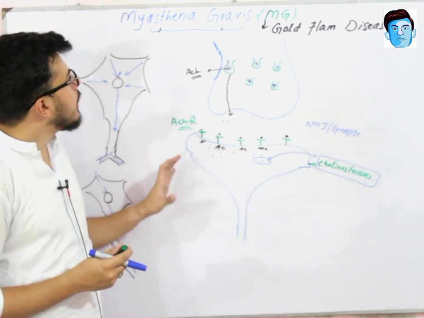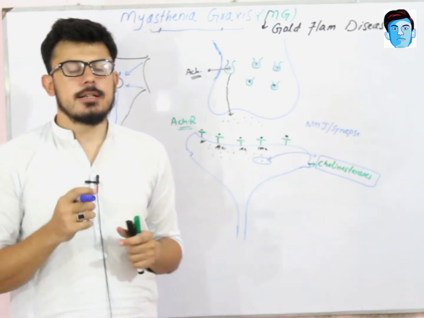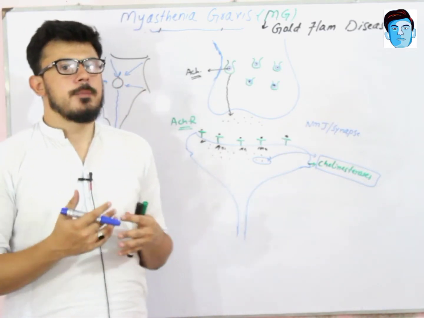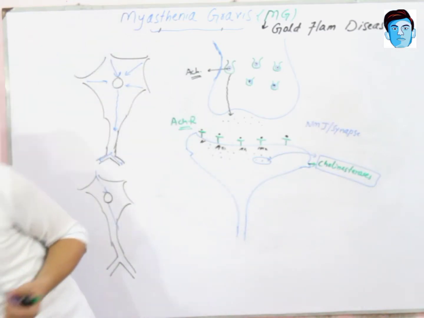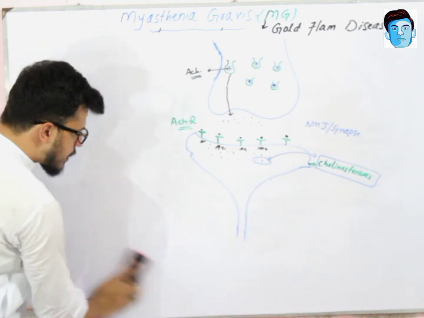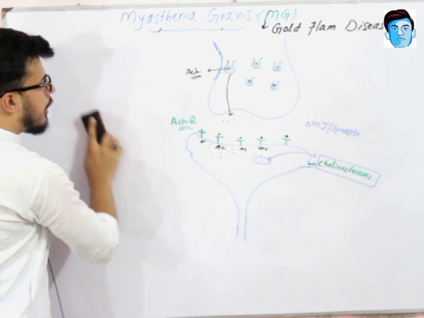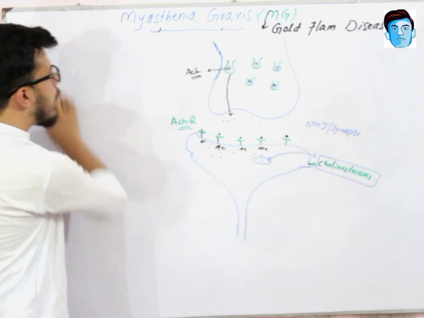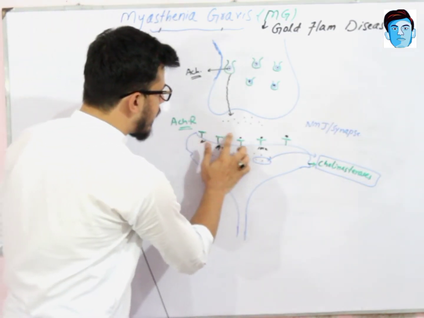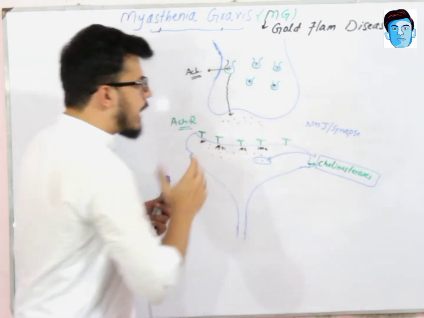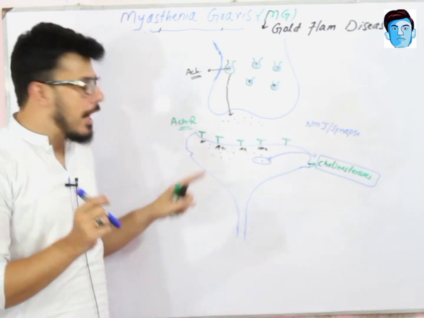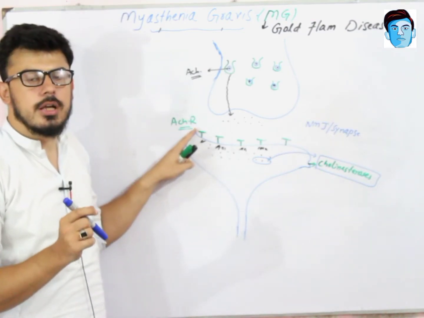Now what actually happens in myasthenia gravis? Let's discuss the circumstances in myasthenia gravis. In myasthenia gravis, antibodies are produced, and those antibodies act on the acetylcholine receptor. I repeat, in myasthenia gravis, the antibodies bind to the acetylcholine nicotinic receptor.